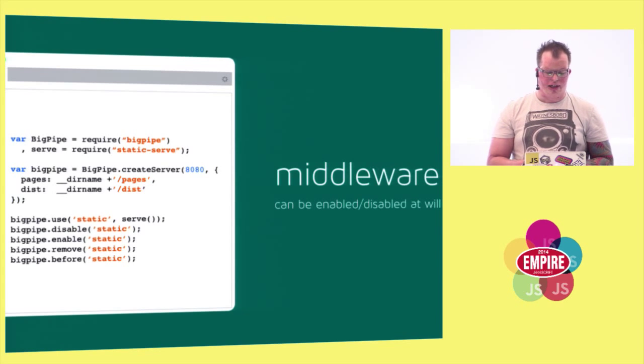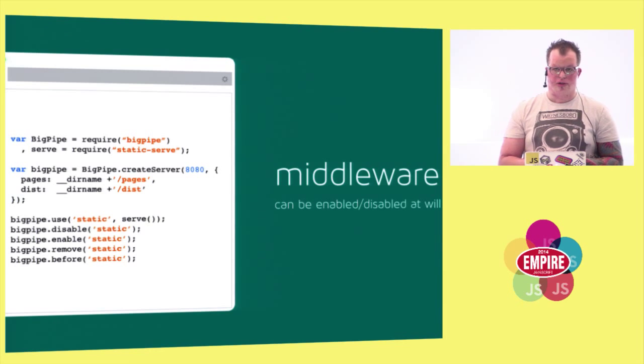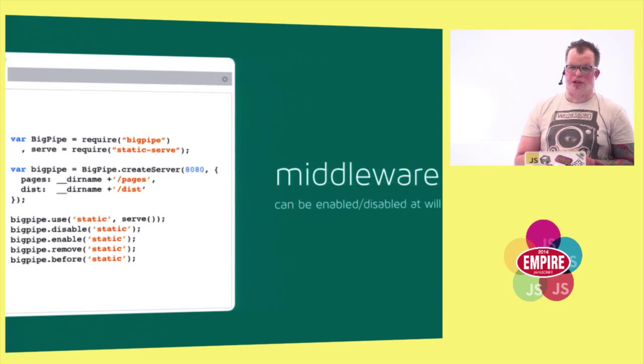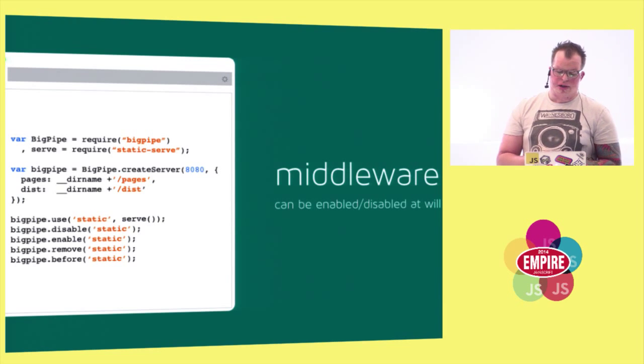It all just works as intended. You can use, disable, remove, enable any middleware as you want. It can be great for development purposes, where you just want to introduce a middleware layer for outputting more debug information, and just enable and disable it on the fly.